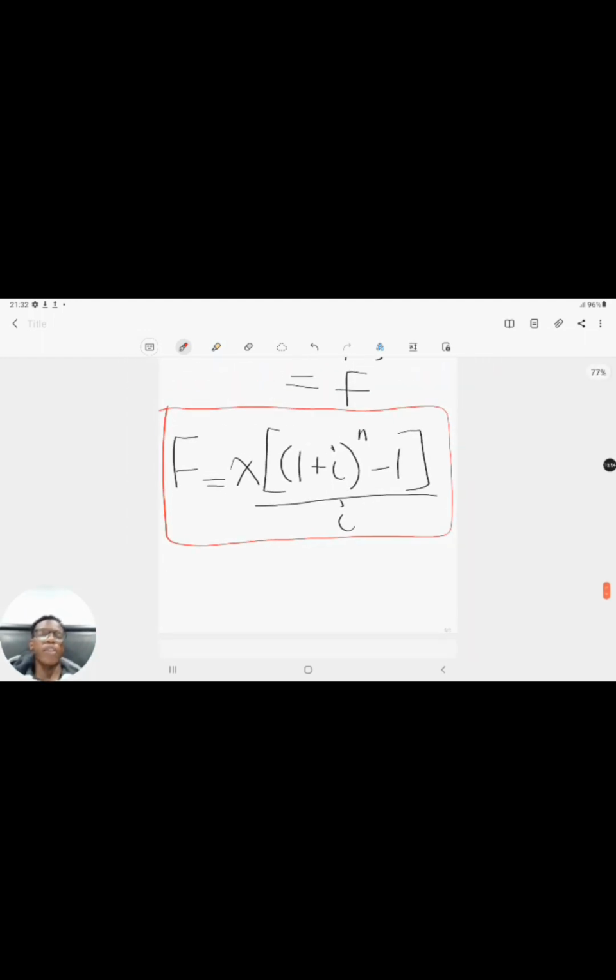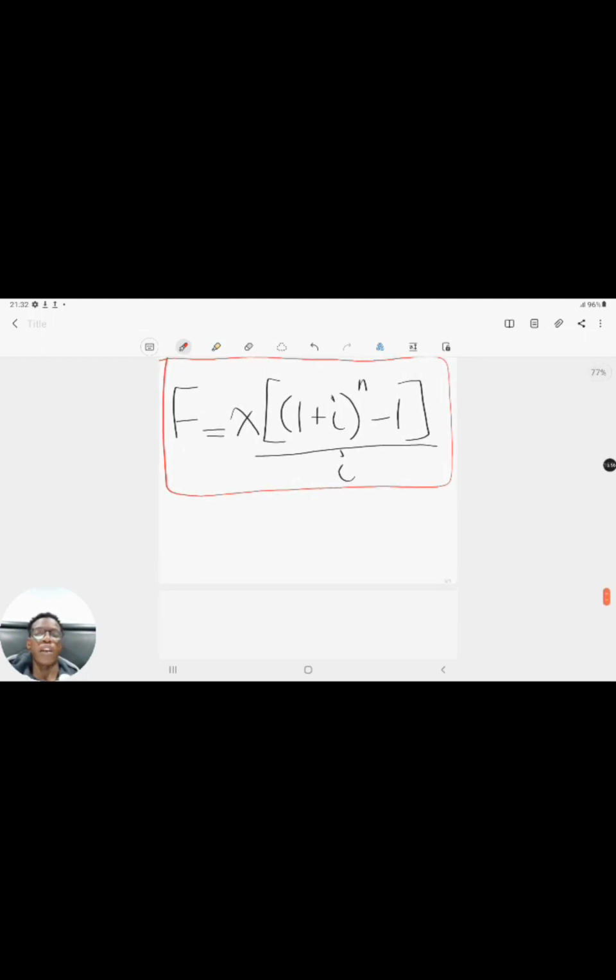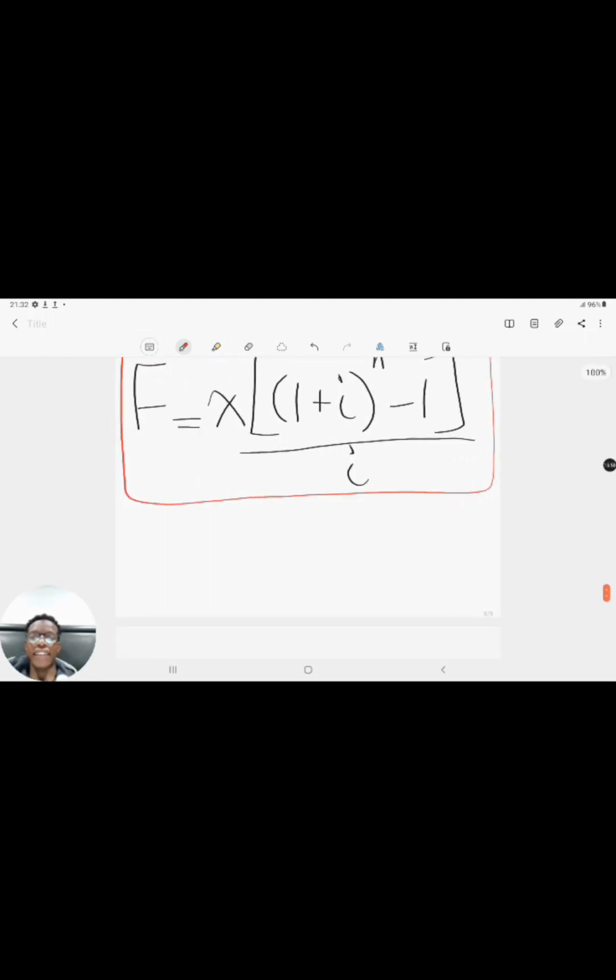Now, what are the parameters involved in this formula? You've got your x. x is the amount that you put in. In our case, x was 1,000. That's the constant amount that you put into your account on a certain set interval.